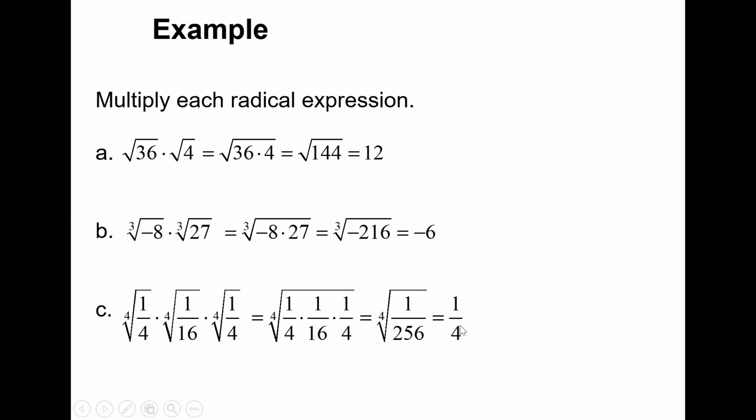And so that's that. The top ones, A and B, would have been just 6 times 2, which would have been 12, and negative 2 times 3, which would give us a negative 6. But these we can't just do directly. And so we have to do it this way to get to that final answer of 1/4.